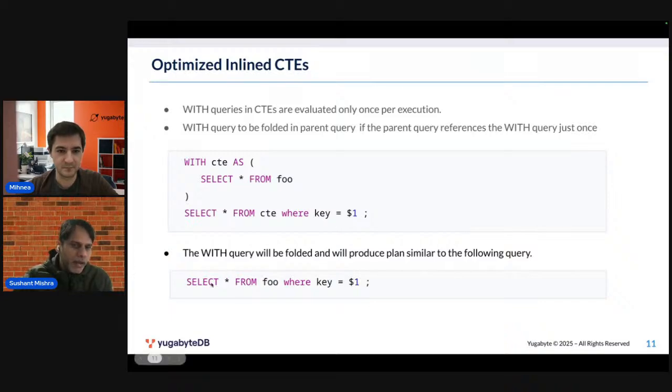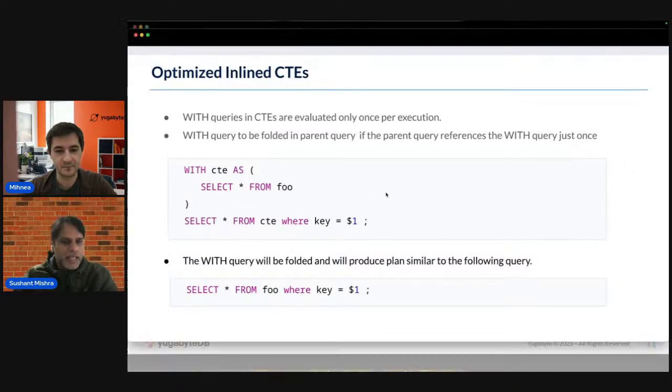The same query can be written in a different form where we say select star from foo where key is equal to $1. Now, if the CTE is written like that, Postgres automatically identifies this pattern and does this optimization of folding the queries together for a more optimal performance. Let's see this with an example here.